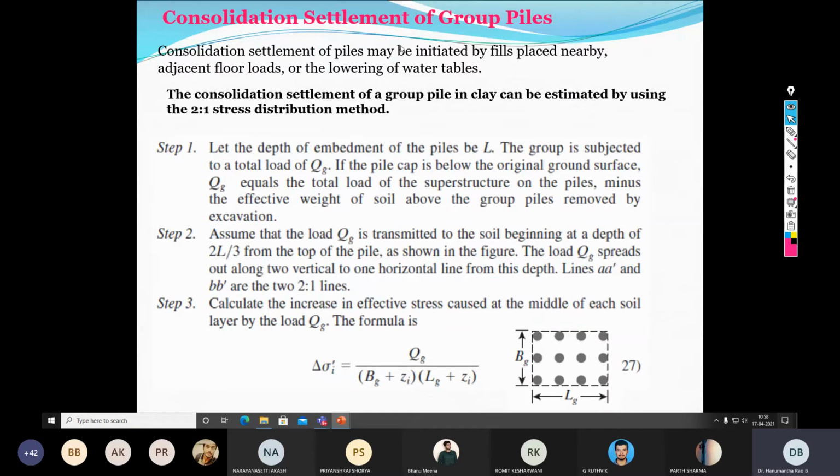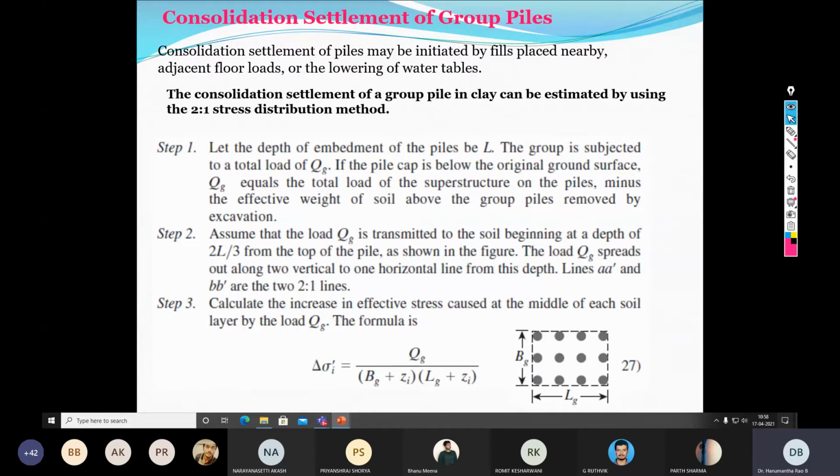So then consolidation settlement of the pile group. Once we understand how to calculate elastic settlement, the next step is, if the pile group is installed in clay, then how do you determine the consolidation settlement? The procedure I'm going to explain is very similar to the consolidation settlement that we discussed for the shallow foundation.